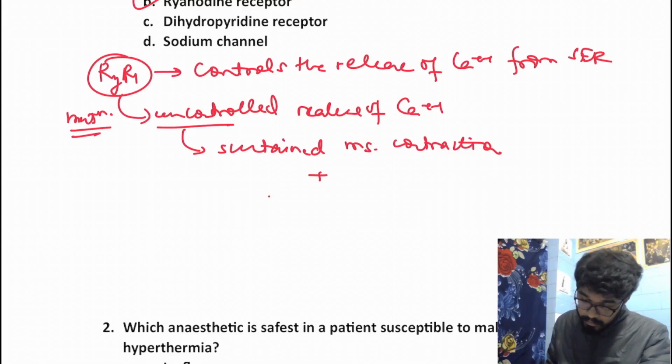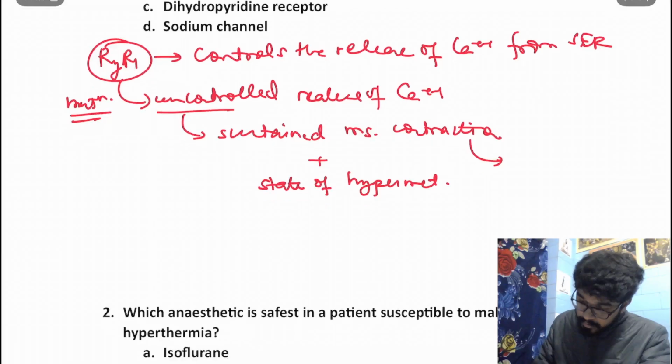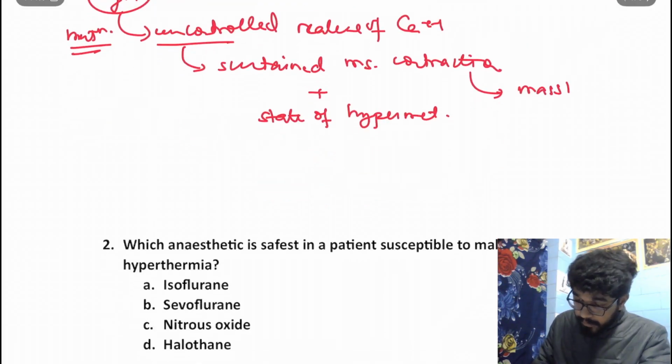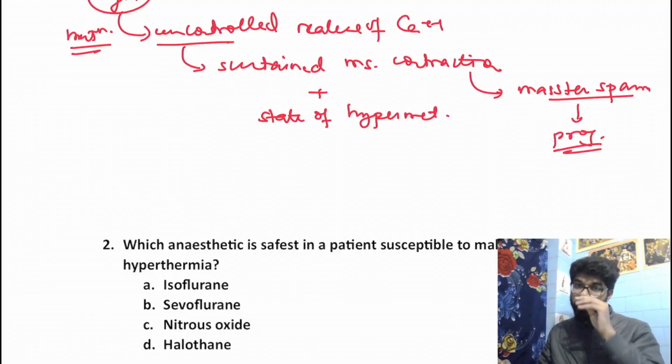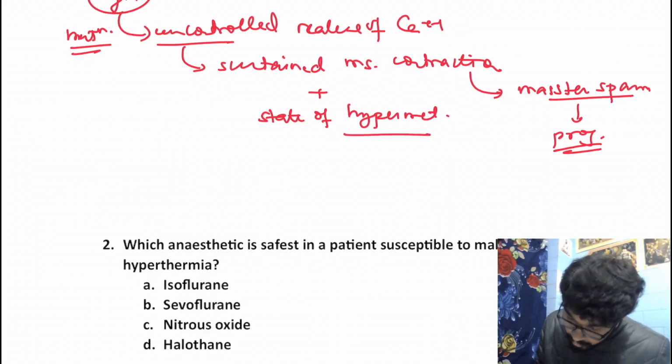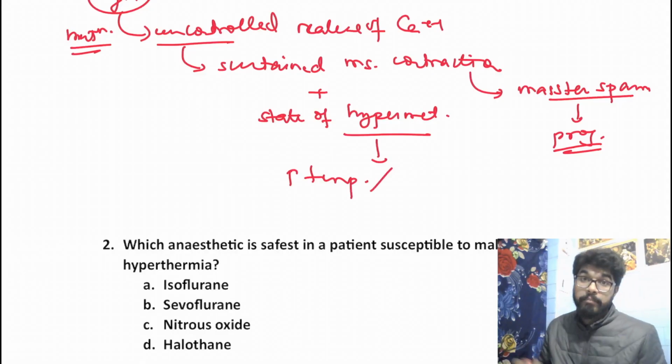And a state of hypermetabolism. So the sustained muscle contraction first appears as masseter spasm, right? It starts as a masseter spasm and then it progresses to the entire body. Whereas the state of hypermetabolism is associated with increased temperature, hyperthermia.